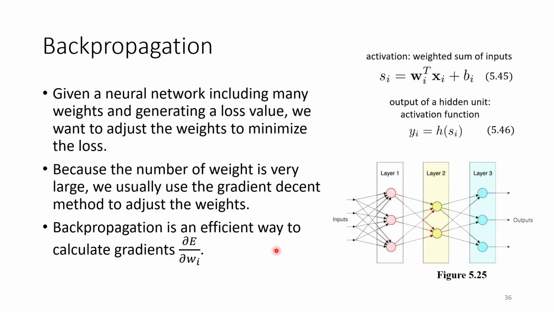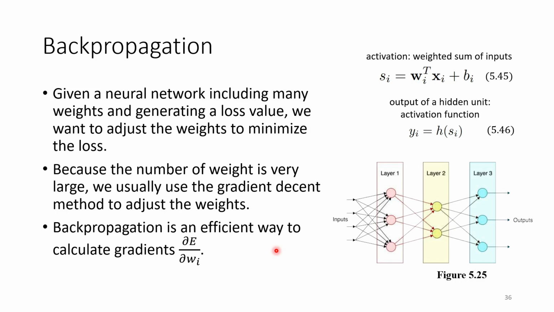Okay, so we have seen three different types of tasks: classification, regression, and contrastive learning. Now we have a network and we have some tasks, and for the tasks we developed the loss function or loss value. The next thing is, how do we optimize the weights in the network?